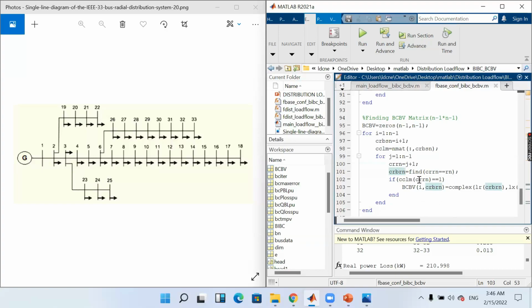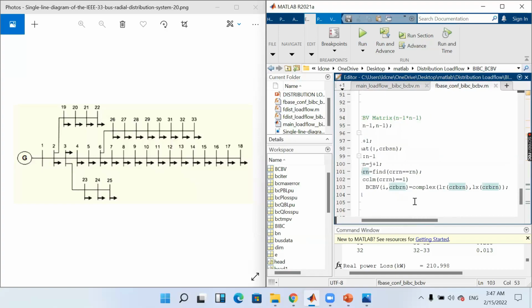Now, in the copied column, if the value of the row corresponding to that receiving node is 1, then the corresponding branch has a contribution in the voltage drop. So we have to copy the impedance of that branch into the corresponding element of the BCBV matrix. Likewise, we can calculate the BCBV matrix.